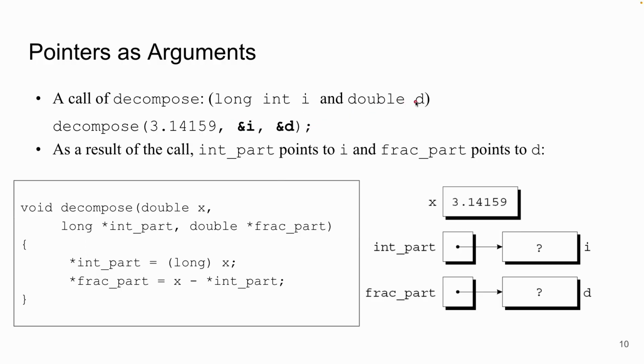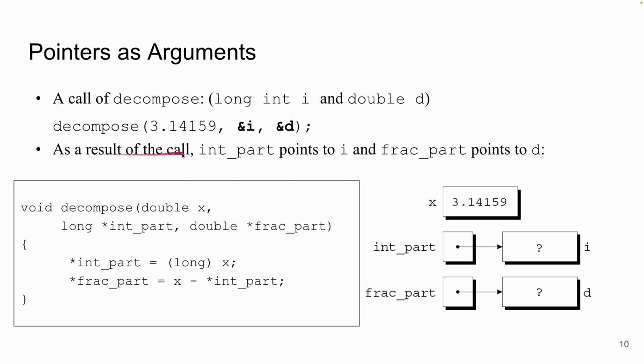So that is why we apply the address operator to i and d, so that the return value is the address of these two variables, so we can assign them into the corresponding pointer variables, that is int_part and frac_part.